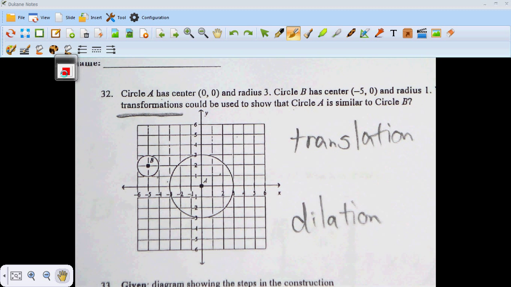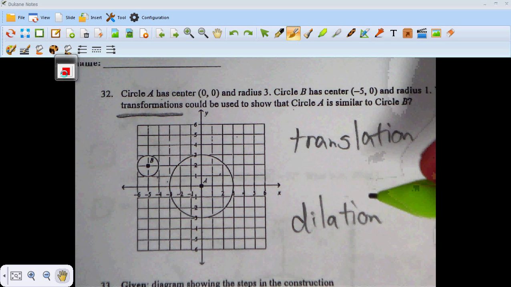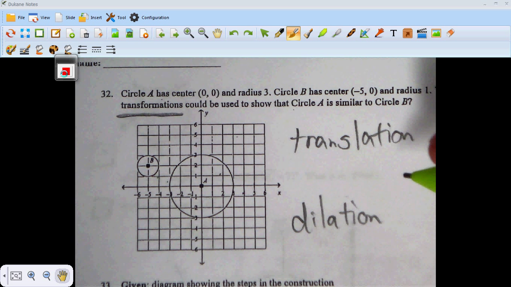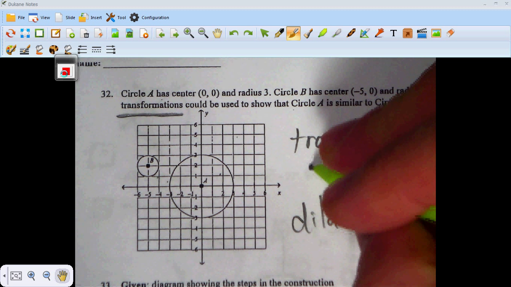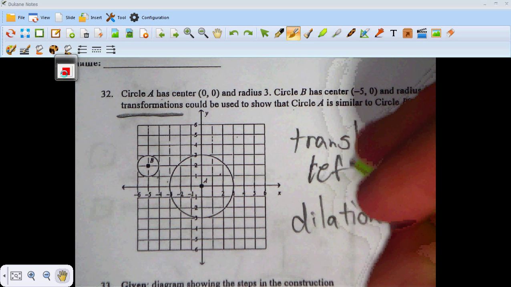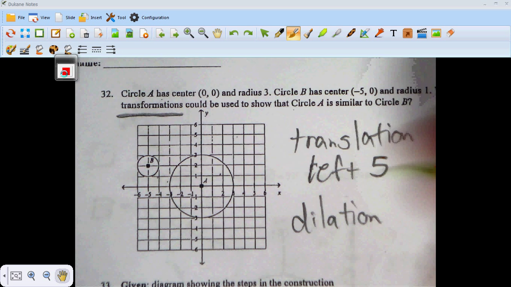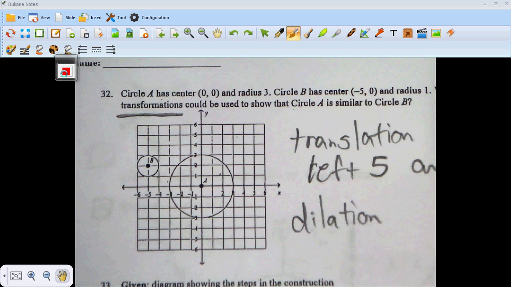Up 2 and over. Over 5. So I went to the left 5 and up what? 2. So I went to the left 5 and up 2.